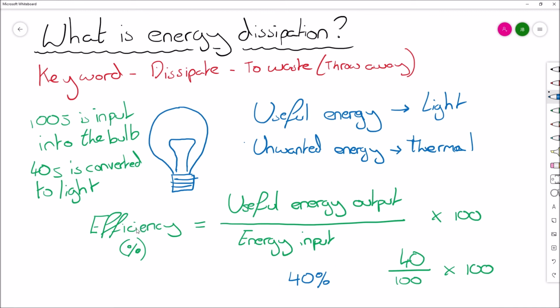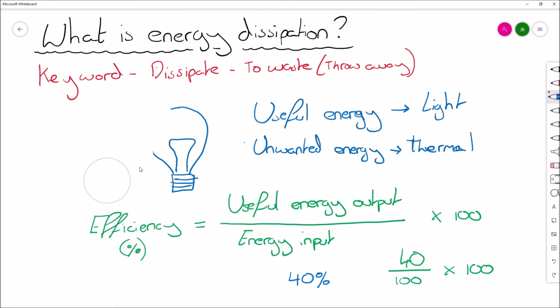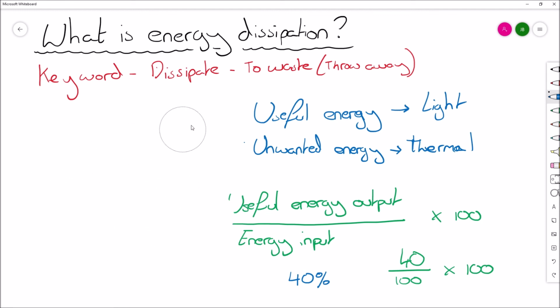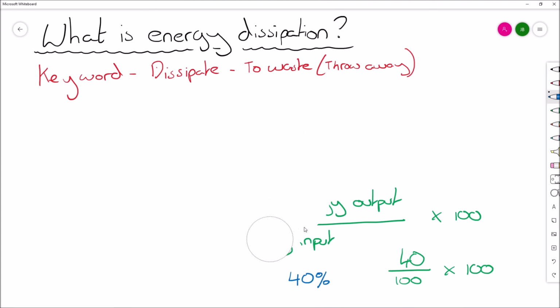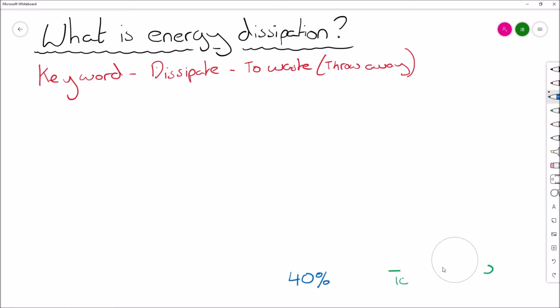We should invest in more. So this is a way of going through the energy input, the energy output, and figuring out the efficiency. So next time you're looking at different appliances and things, just think, how efficient is it? How much energy is given up? Now, you won't be able to do these equations while standing in your kitchen. You haven't got the information to hand, but it's just something to think about.